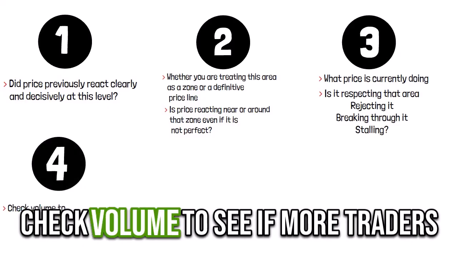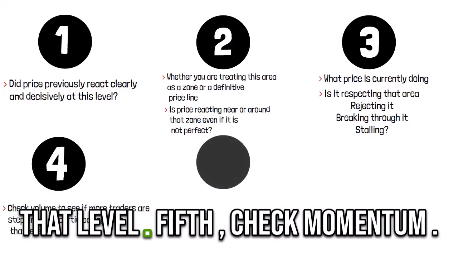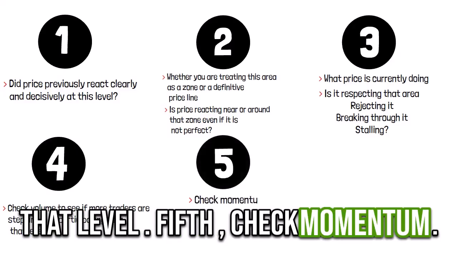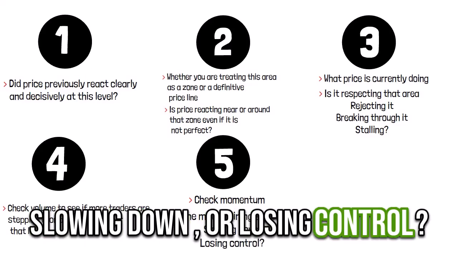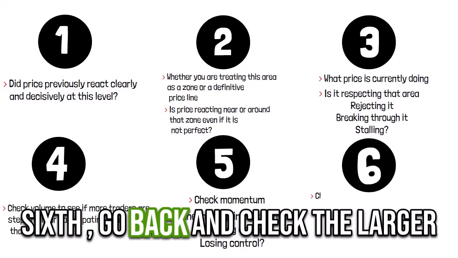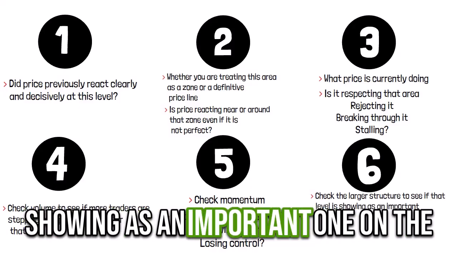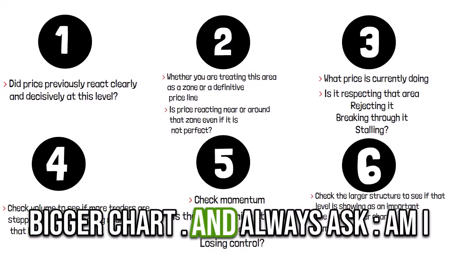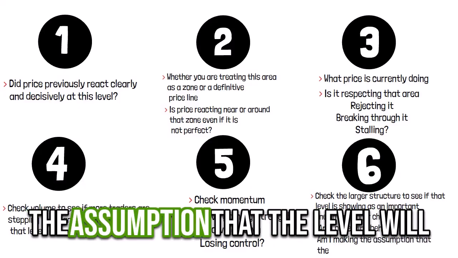Fourth, check volume to see if more traders are stepping in or participating near that level. Fifth, check momentum. Is the move gaining strength, slowing down, or losing control? Sixth, go back and check the larger structure to see if that level is showing as an important one on the bigger chart. And always ask, am I observing behavior, or am I making the assumption that the level will hold?